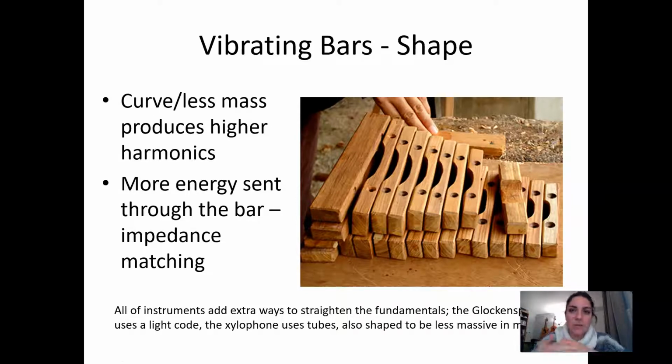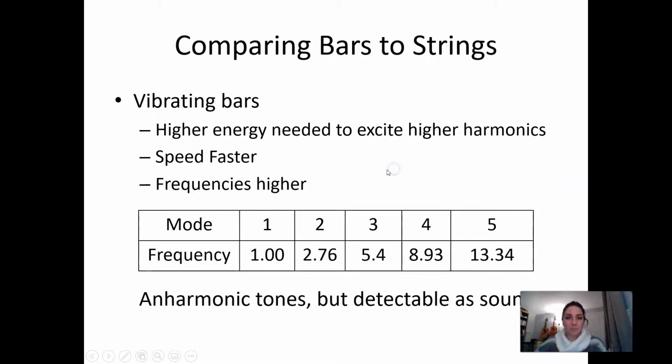So the in and the out come back and forth, so you get this feedback loop. Well, this maximizes that feedback and has what is called impedance matching. We're not going to go into impedance, that's a whole other course. So just know that the shape of it is very specific and scientifically engineered to get the best tone quality that you can get out of that.